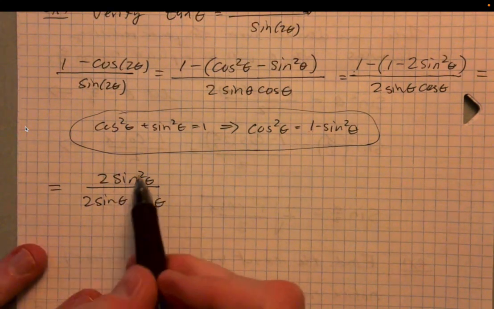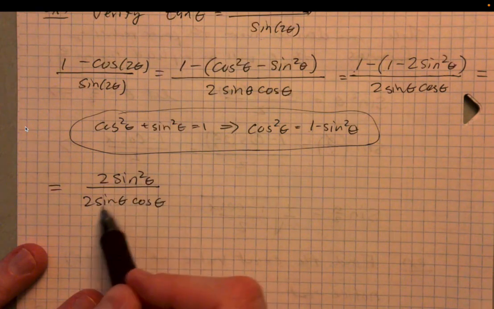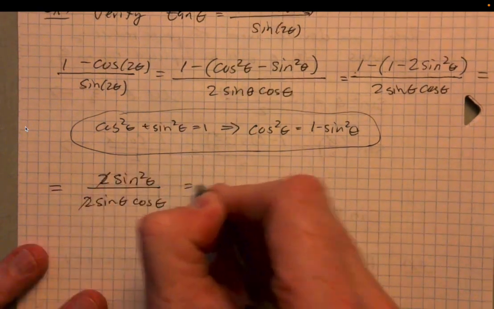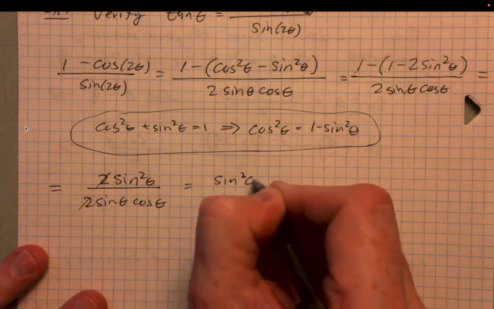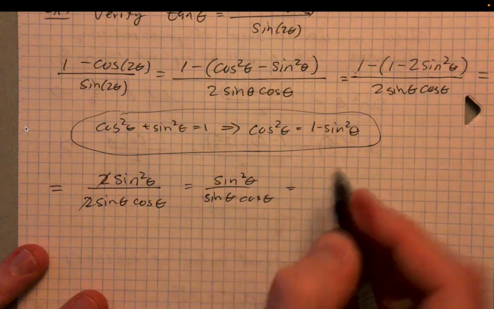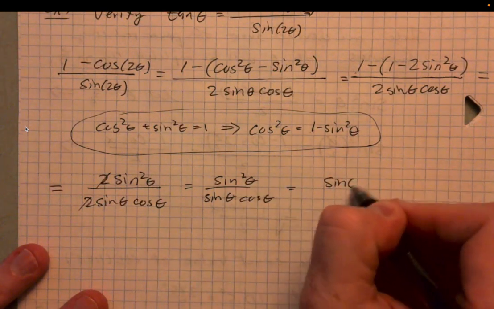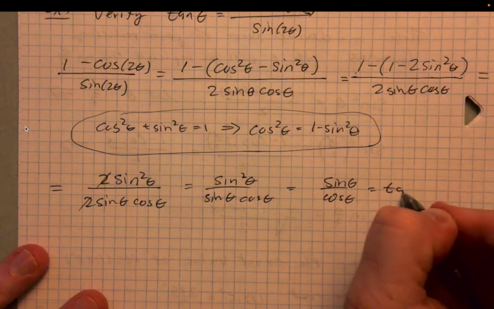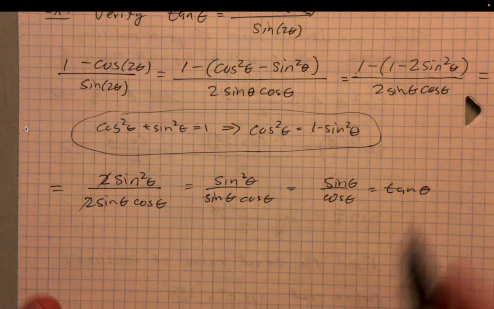And so this is looking much better. The 2's cancel. The sine in the bottom will cancel with one of the sines up top. So I have sine squared theta over sine theta cos theta. And again, the sines will cancel, so I have sine theta over cos theta. And so that is just tan theta. That's what we were after.